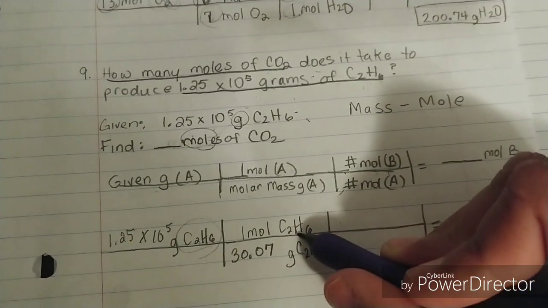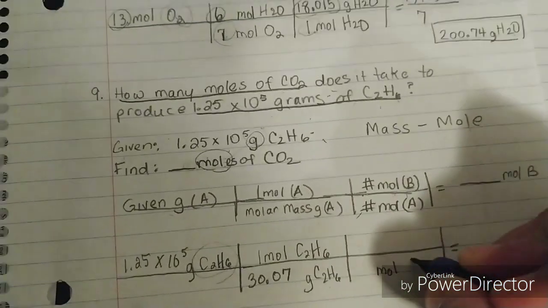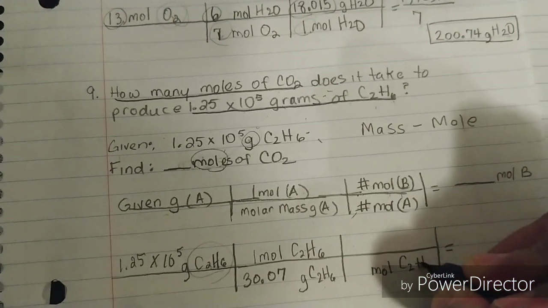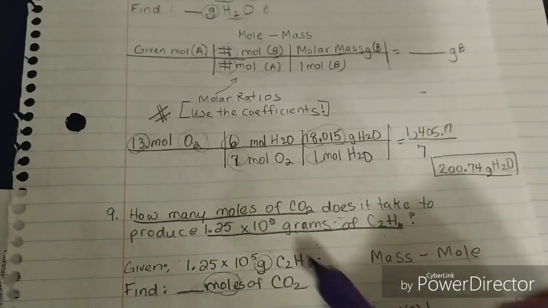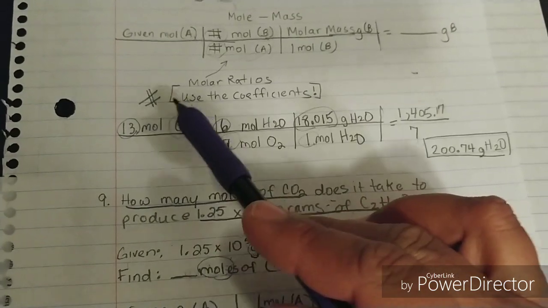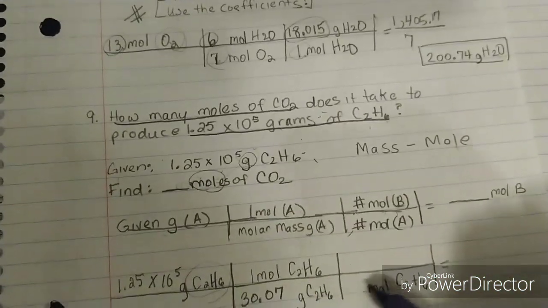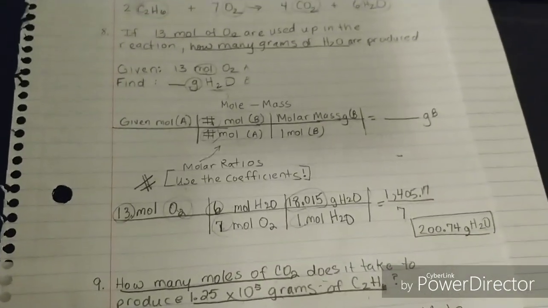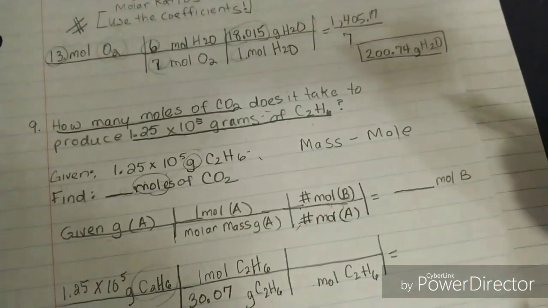A represents C2H6, so it's going to be so many moles of C2H6. And remember, this pound sign, just like I said earlier, is going to represent the coefficients. So for C2H6, I'll look it up. Here's C2H6, and the coefficient is 2.